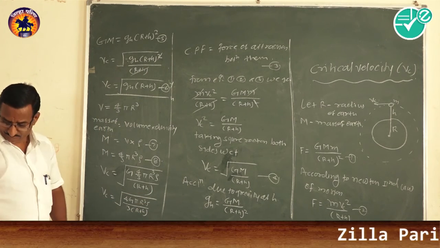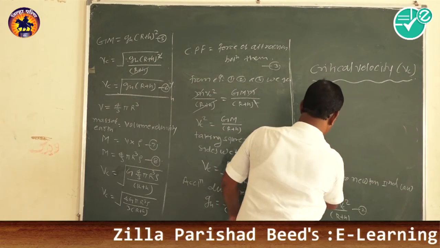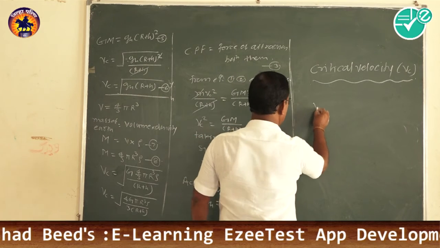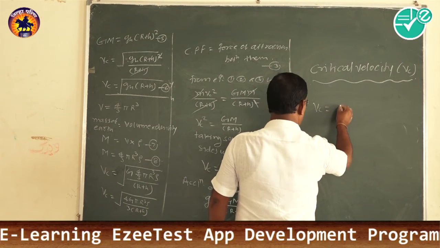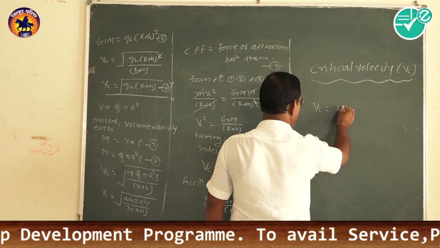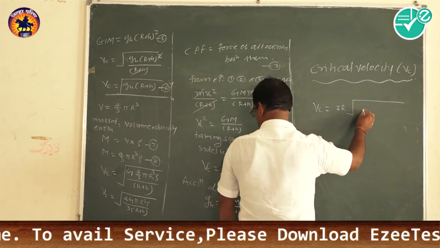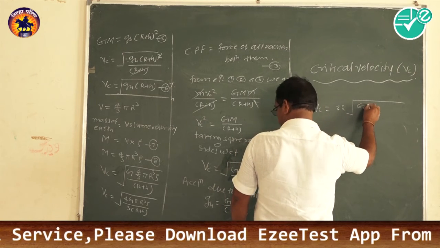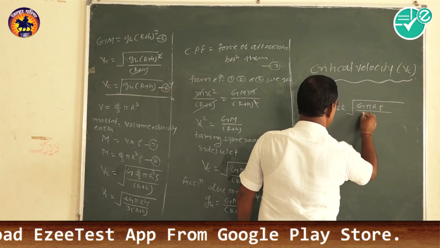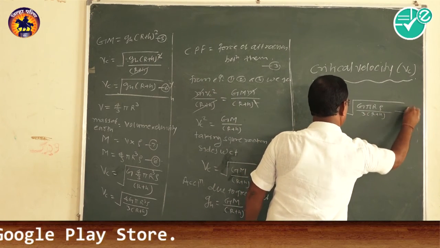Taking the square root of 4 as 2 and square root of R square as R, Vc equals 2R under root G pi rho upon 3 (R plus h). That is equation 9.